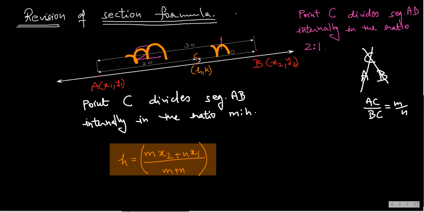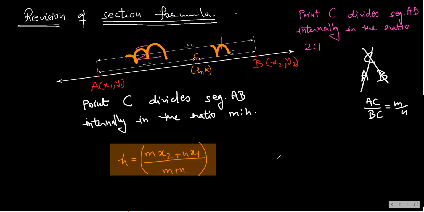So C and A, C and B. C is the main point, right? The number between C and A will multiply the coordinates of B. The number between C and B will multiply the coordinates of A. See, this is the simplest trick that you have. Okay, I hope you follow.